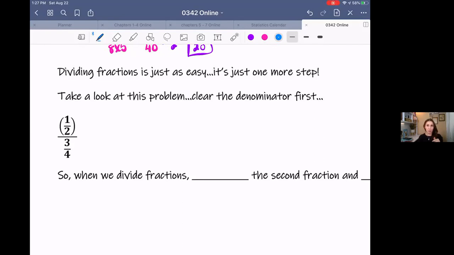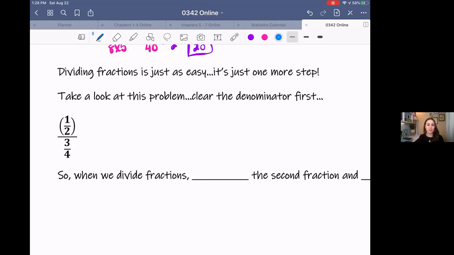The memory verse is: dividing fractions is easy, don't ask why, flip the second and multiply. It's cute, but I really hate that saying because it says don't ask why. You should always ask why. If you are wondering, you should ask. Don't ever hesitate. If I don't know the answer, I will find someone who does. But in this case, I do know why.